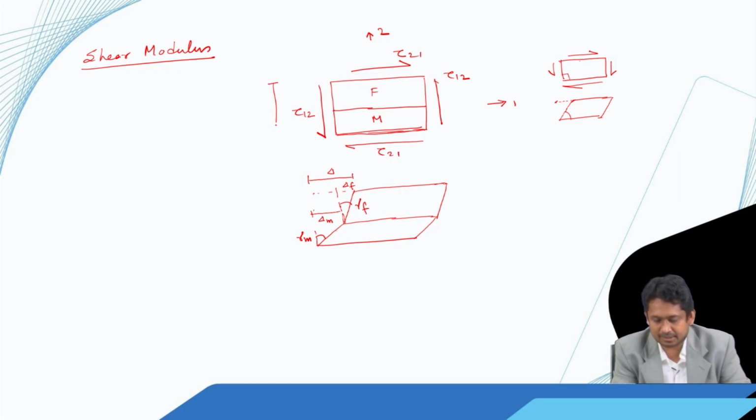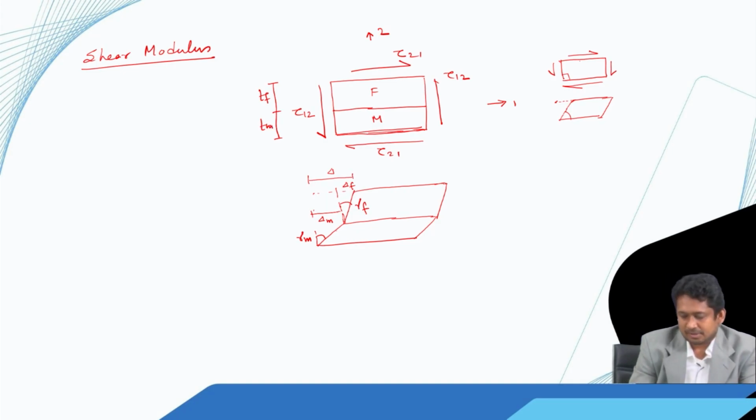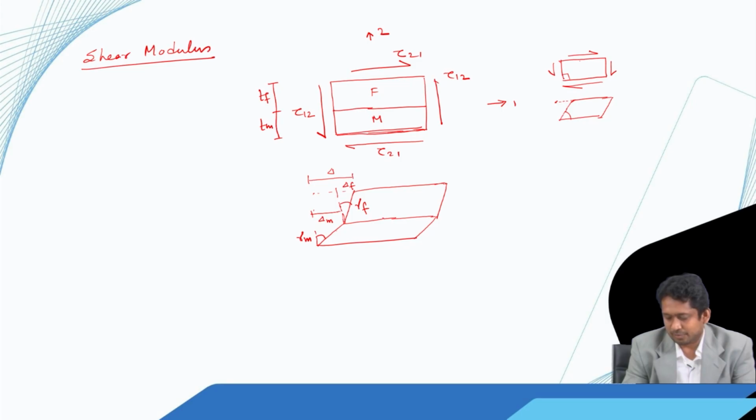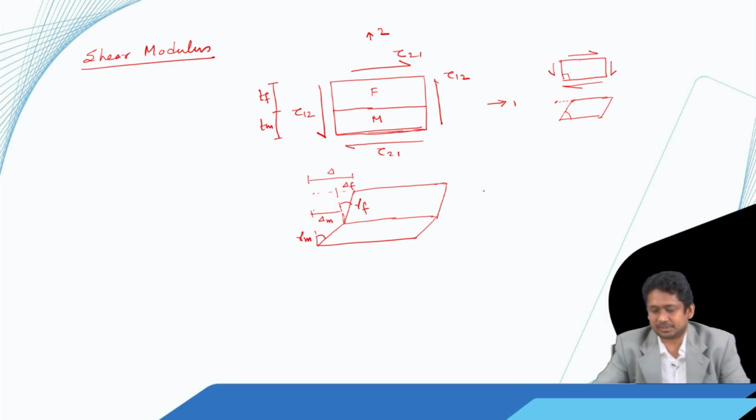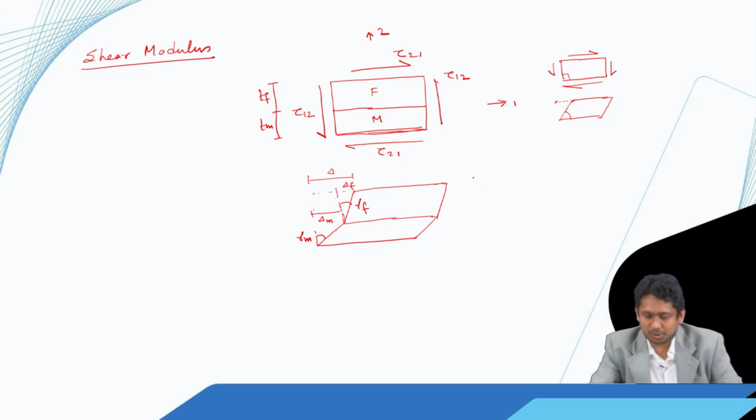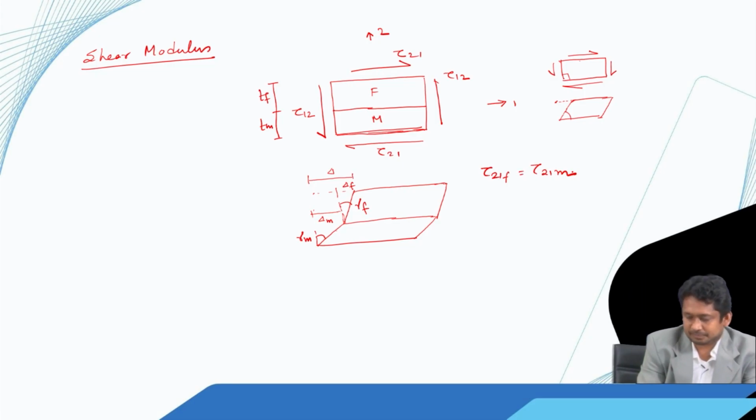And again let us say that the dimensions are T f and T m, and again for equilibrium at this junction the shear should be equal. So, tau 2 1 in the fiber is equal to tau 2 1 in the matrix.